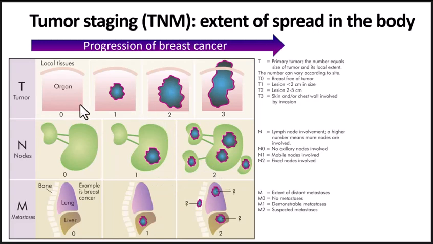Now, in the case of stage 1 breast cancer, what we may see is that the tumor size is either 1 or 2. So we would say T1 or T2 for tumor size. And that's because if we look over here, the lesion is less than 2 centimeters in size here. At T2, it's 2 to 5 centimeters. And it's the third one that is invasive.